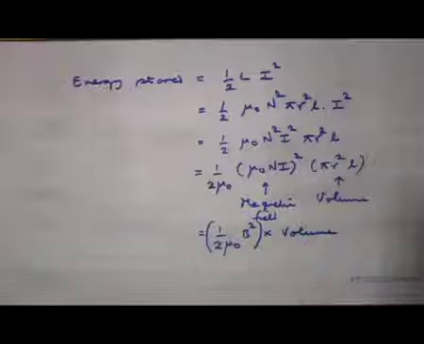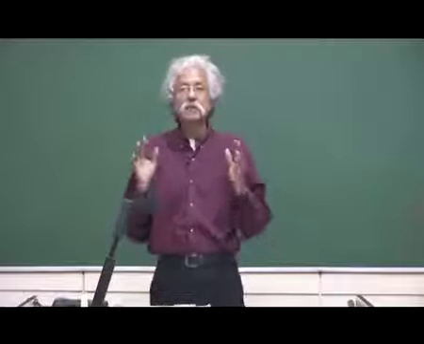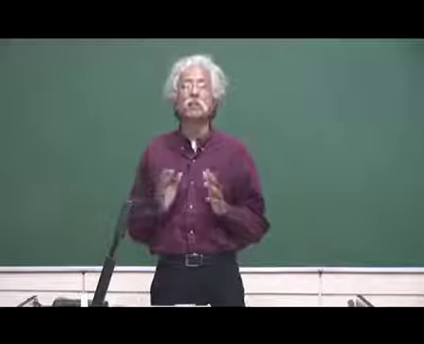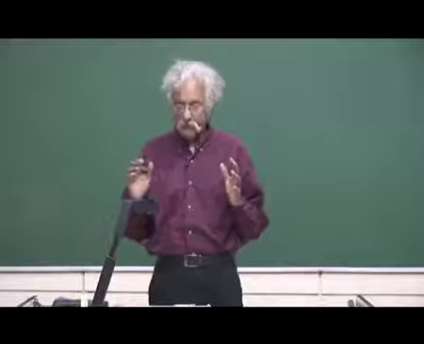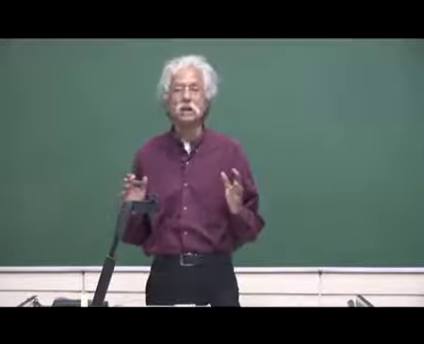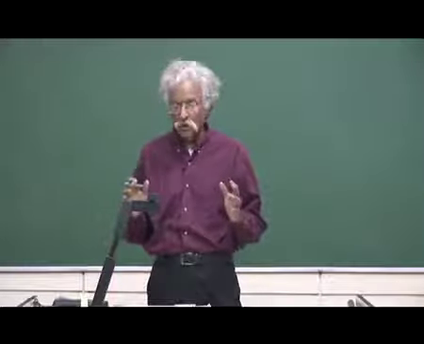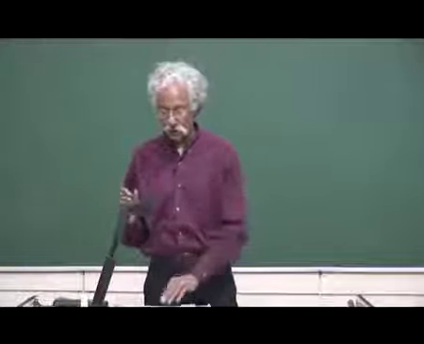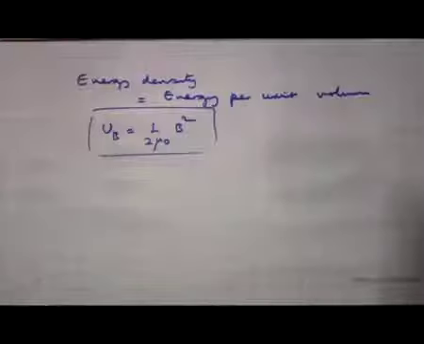So, I can interpret that the energy being stored in the solenoid is in the form of a magnetic field, and that magnetic field has an energy density, which is energy per unit volume, of 1 by 2 mu naught B square. And so, this is a very important relationship.